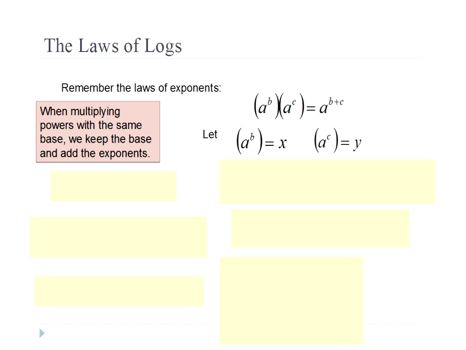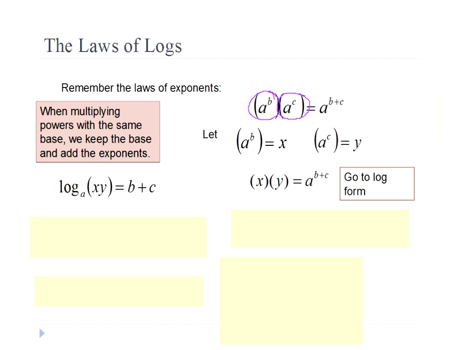So now let's say that a to the b is x and a to the c is y. This means that our original statement is now x times y. And so if we put this in log form, we have log to base a of x times y equals b plus c. Well, what's b? b's right here.